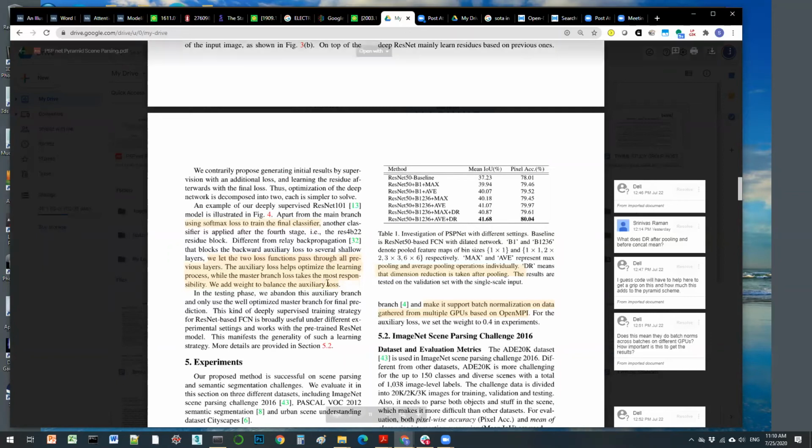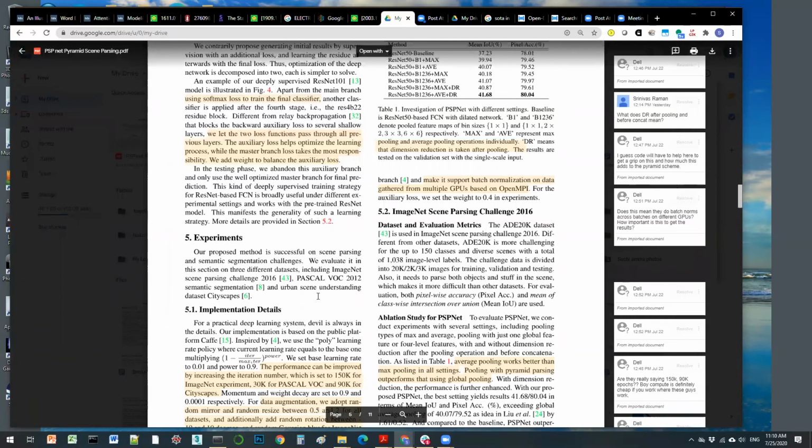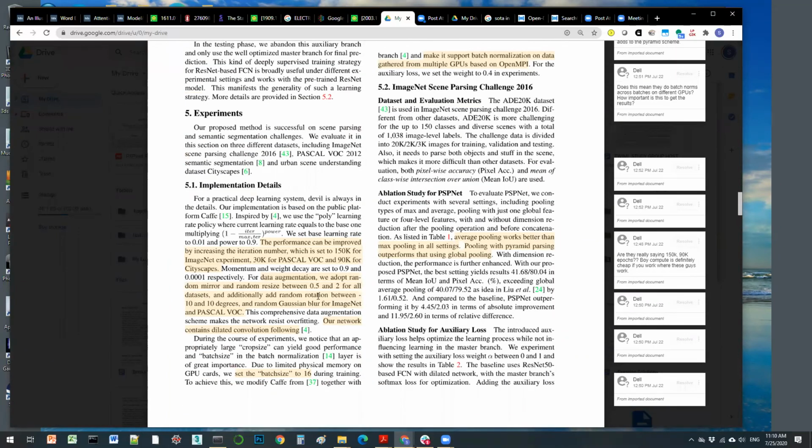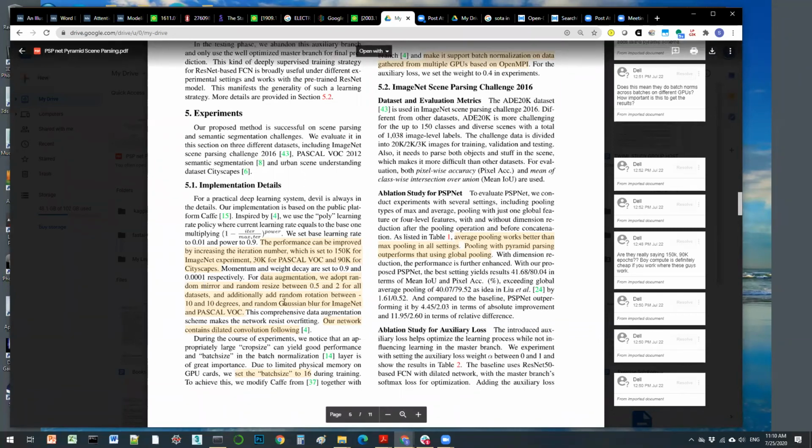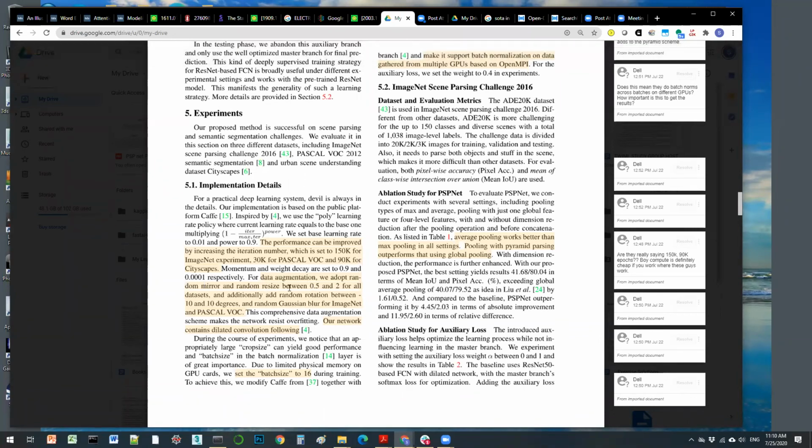And then let's see what the B1 1236 is. By the way, they also do data augmentation: random mirror, random resize, and random Gaussian blur. So they have added those aspects, and they do the dilated convolution that we discussed.